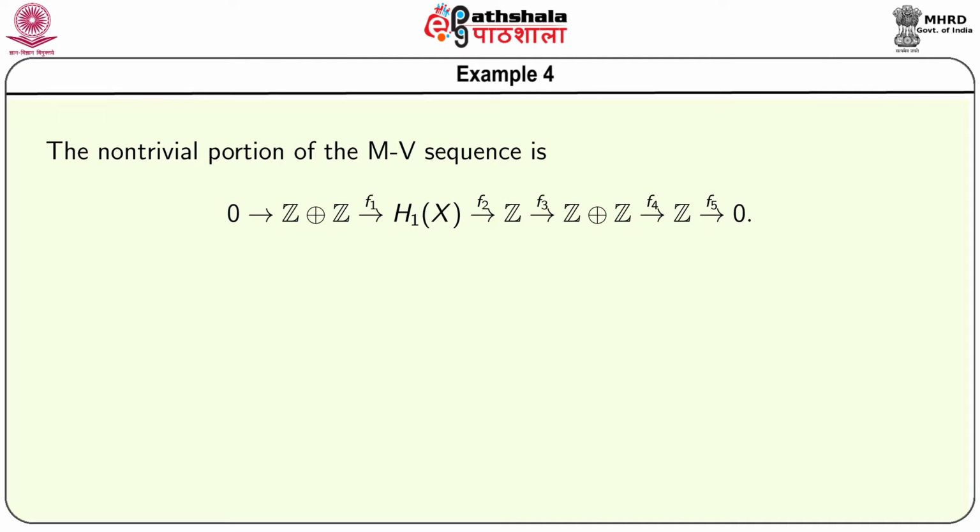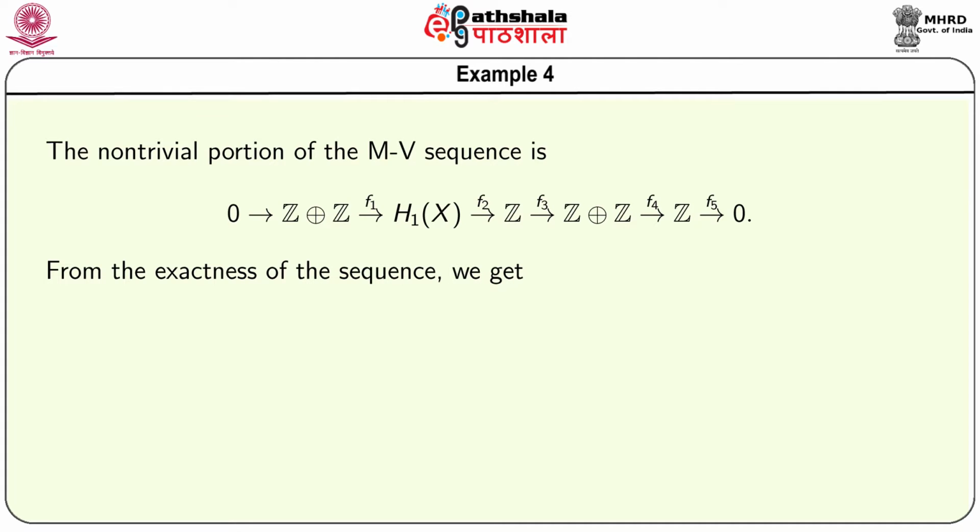We denote the maps Z direct sum Z to H1(X) by F1, H1(X) to Z by F2, and Z to Z direct sum Z by F3, Z direct sum Z to Z by F4, and the final one as F5.